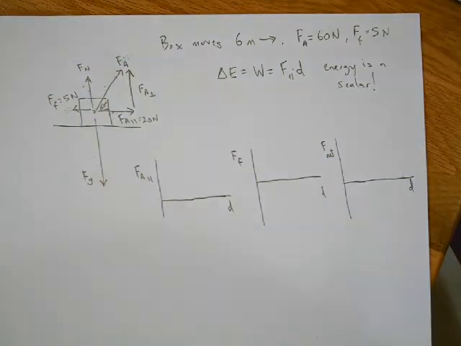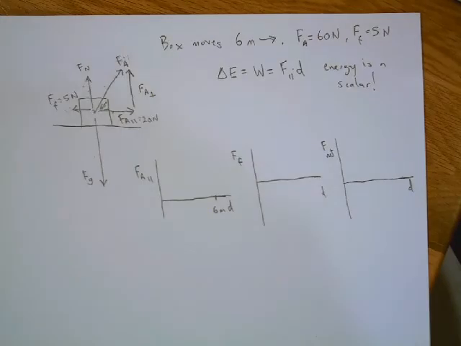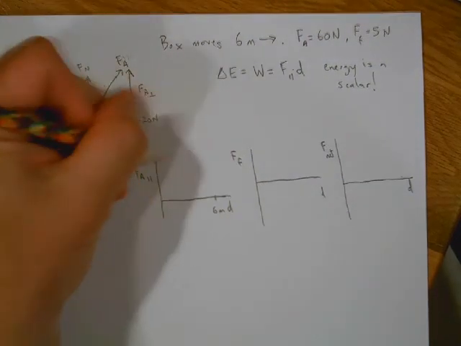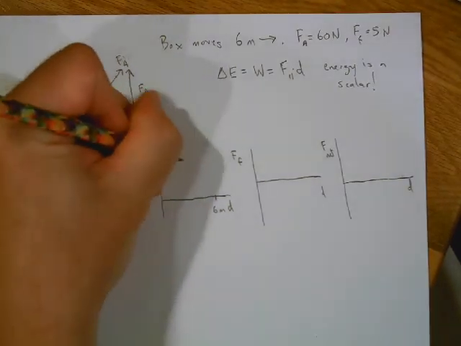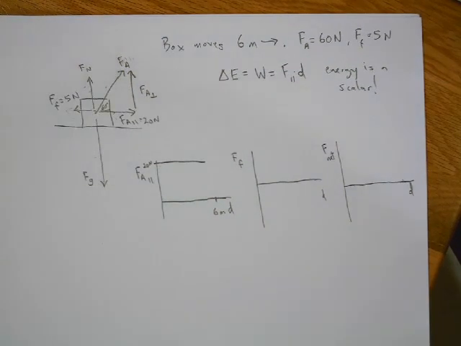Let's talk about these graphs and make sure it makes sense. As you're pulling it along, remember the distance is going to be 6 meters. As you're pulling it along, what happens to FA? The whole time it's 20 newtons. So that's what your graph would look like.